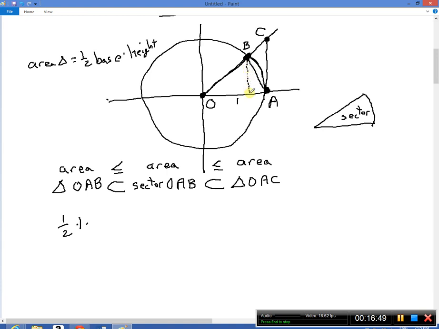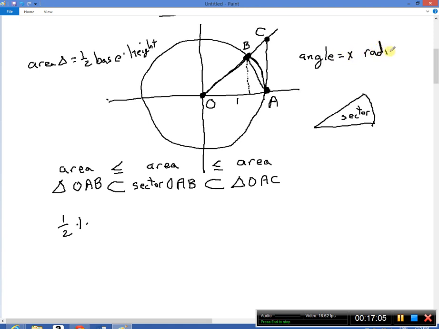How long is that? Well, you've seen that before. That happens to be the sine of the angle. The angle which I've not labeled, but we're going to call the angle x radians.